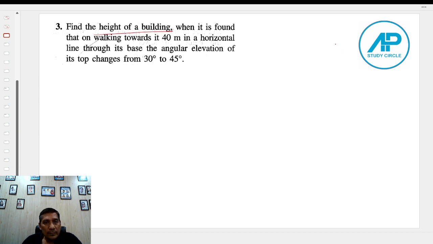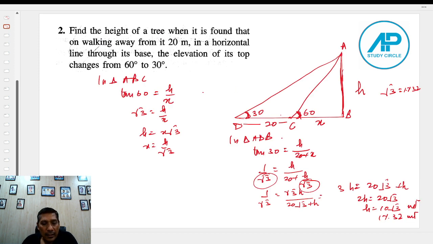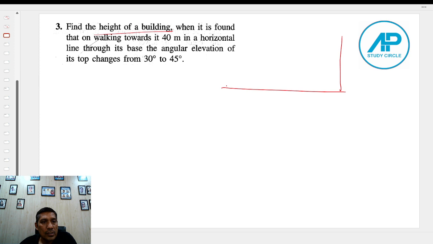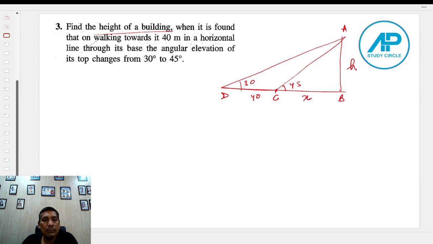The same question as the previous one. In the previous one, we were walking away. In this one, we're walking towards. So the first angle, and we walk towards the tree by 40 meters, and I get the angle changes to 45. I hope the question is clear to you.